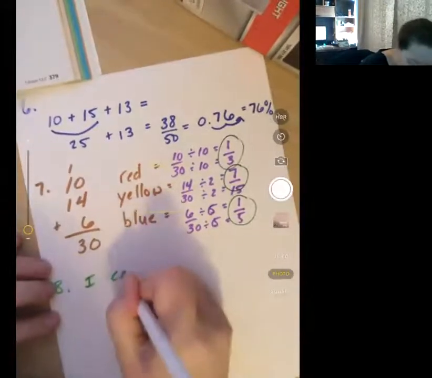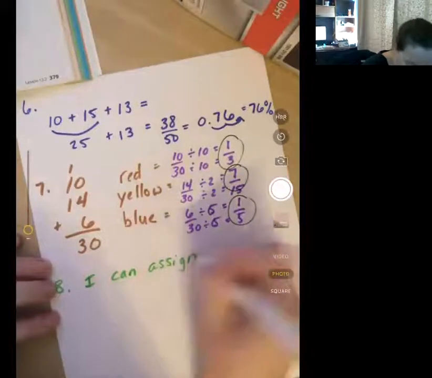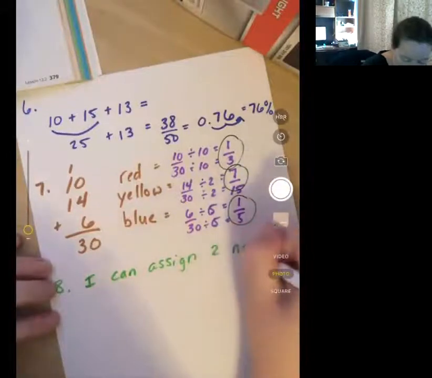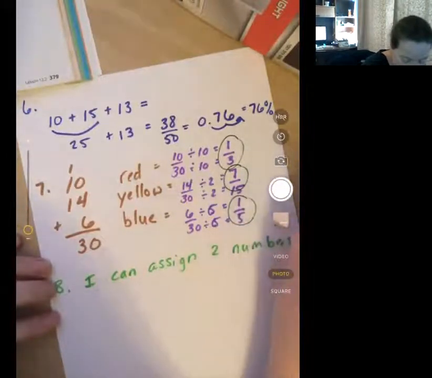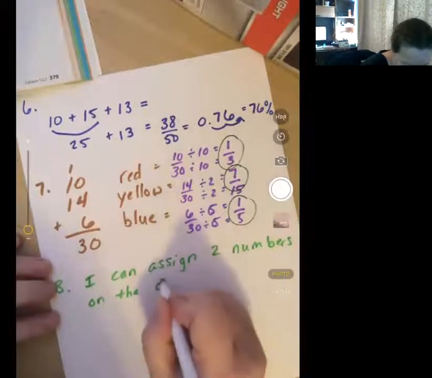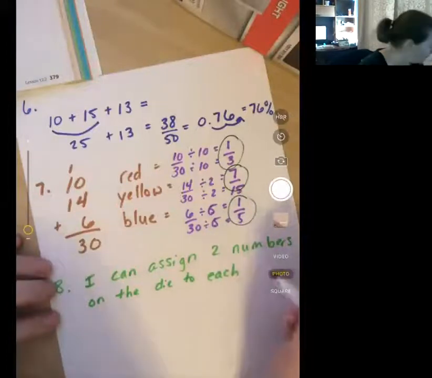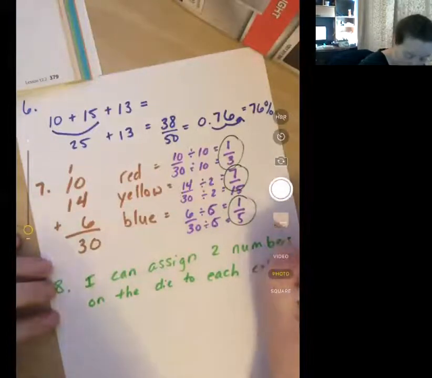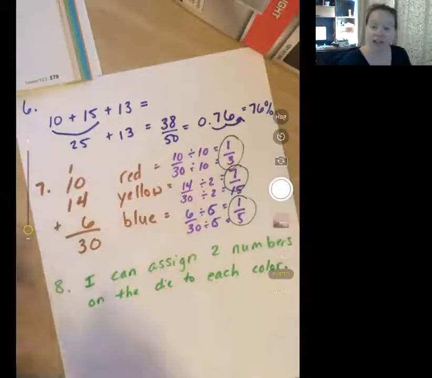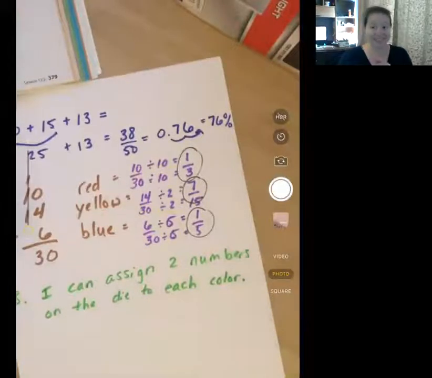So what I can do is assign 2 numbers on the die to each color. Since we have 3 colors and 6 numbers, that's 2 numbers for each color. It really doesn't matter which numbers.